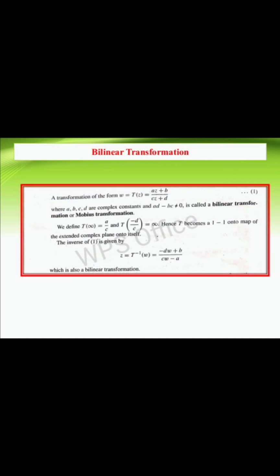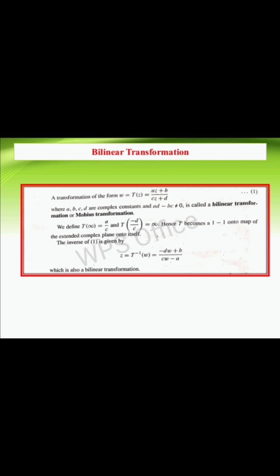So 1 and minus 1 are the fixed points of this elementary transformation, that is inversion. So the fixed point of translation is infinity, fixed points of magnification are 0 and infinity, fixed points of rotation are 0 and infinity, fixed points of inversion are 1 and minus 1.